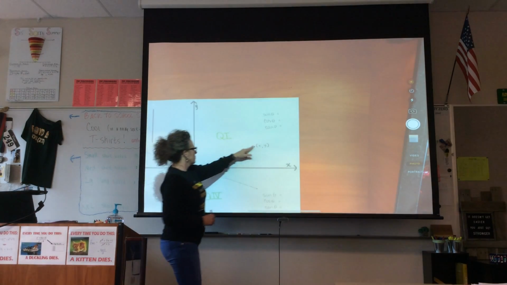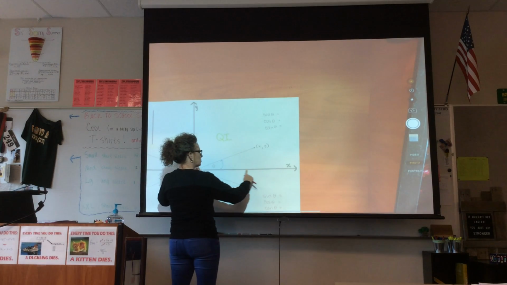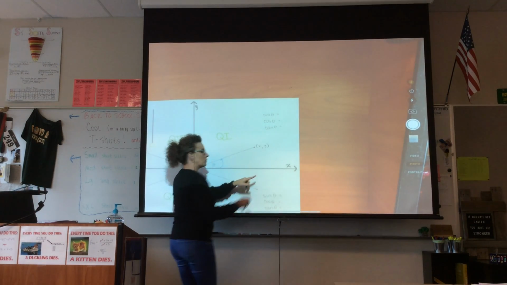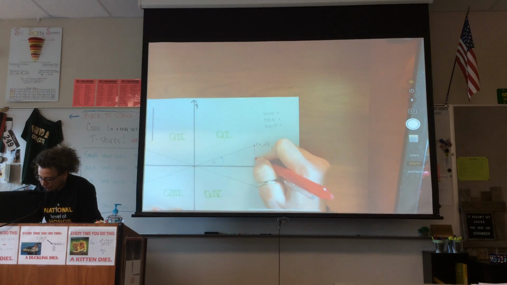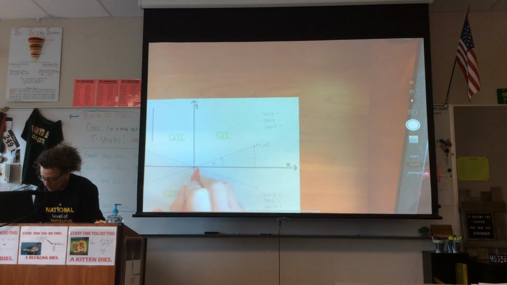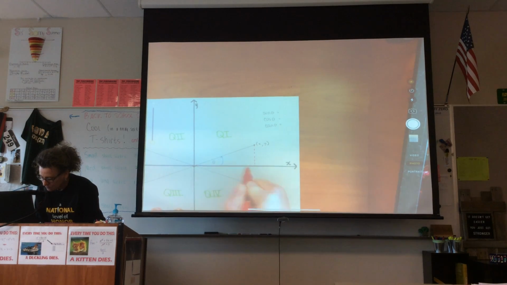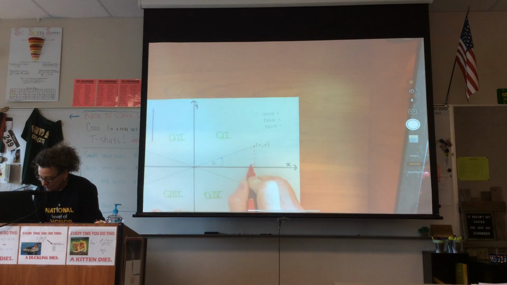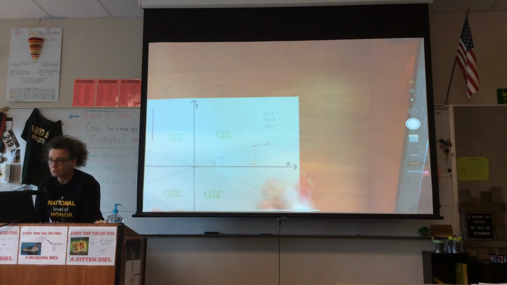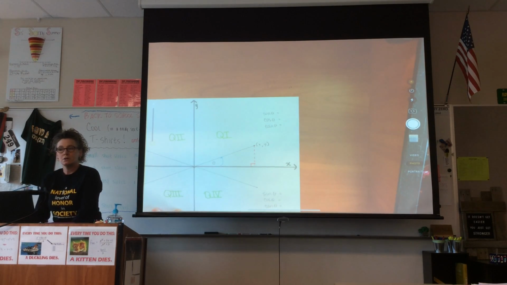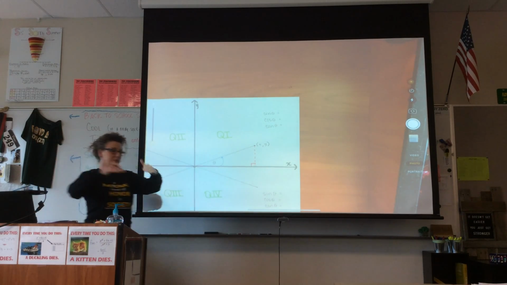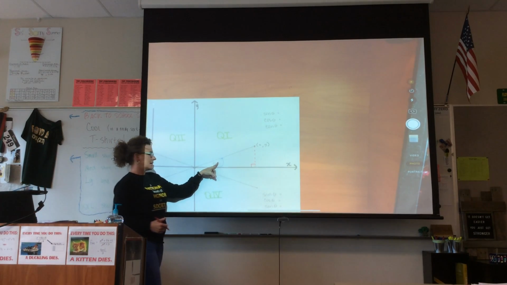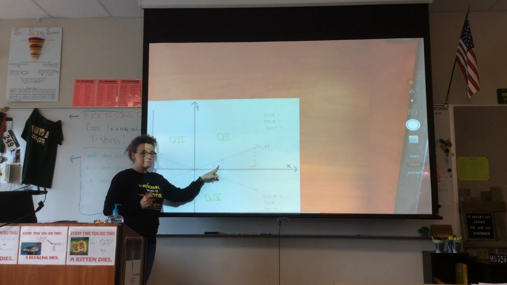When I look at this angle, and I look at this distance, which we'll call X, and this distance, which we'll call Y, I could kind of draw those. Look what I've just created. I've just created a right triangle, and one of my angles in that right triangle is the angle that I had you looking at originally.